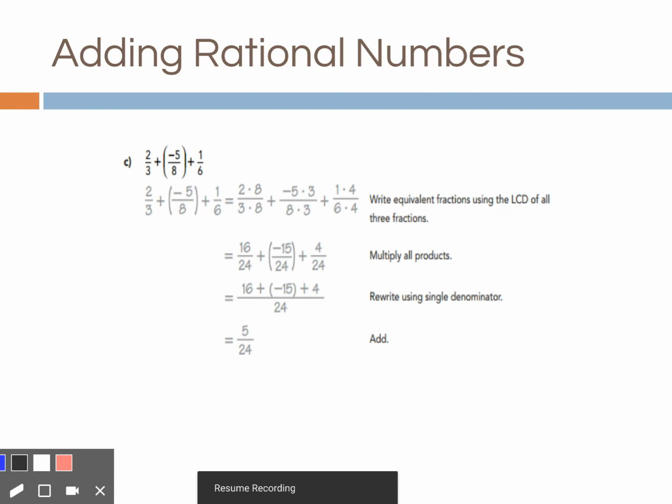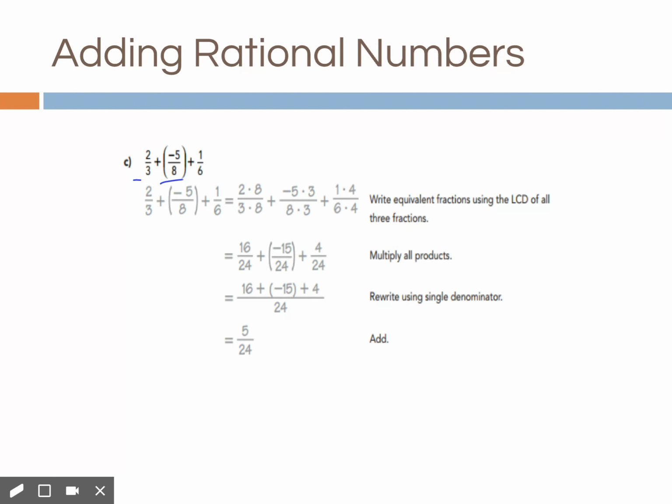Okay, so now we have another example here where you are asked to add 3 rational numbers. In this case, you have 2/3 plus a negative 5/8 plus 1/6. So there's nothing different here except that we have 3 fractions. So it's important that you change all the fractions to have a common denominator. In this case, you'd have to find the least common multiple of 3, 8, and 6.